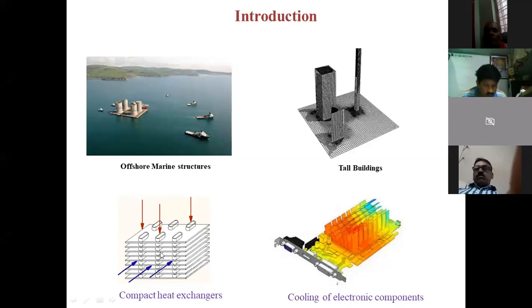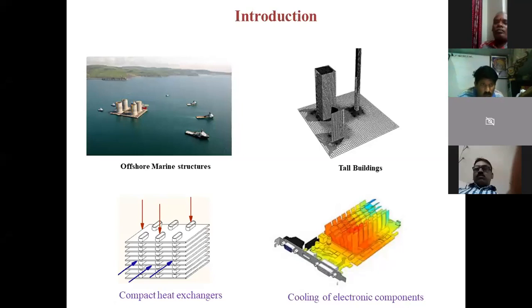You can also see this in, for example, compact heat exchangers. In your laptop, nowadays everything is becoming very compact. There are very, very small chips which produce heat during their working. If you want to dissipate the excess heat from these small chips, we put some cooling, for example a fan, to dissipate that excess heat.